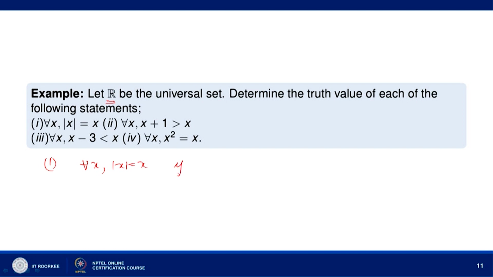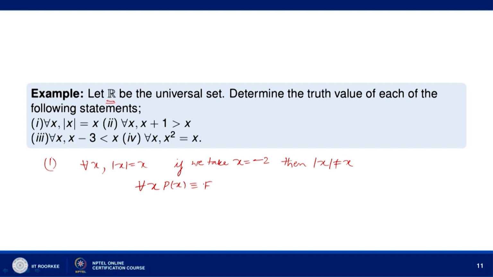Now, if we take x equal to minus 2, then mod of x is not equal to x, because mod of x will be 2 while x is minus 2. So, the truth value of this statement is F. So, for every x, P(x) has truth value F.